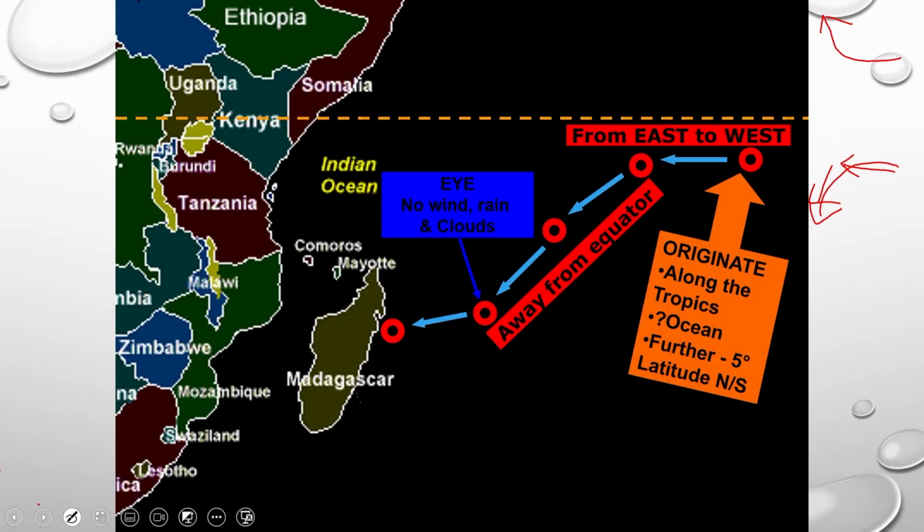Then the cyclone continues to move from east to west and away from the equator. Here it hits the island of Madagascar. Okay? Remember, we often say tropical cyclones die over the land. Two things, two-pronged. We say they originate over the oceans, and we give reasons for that.